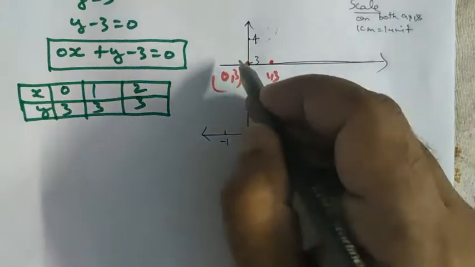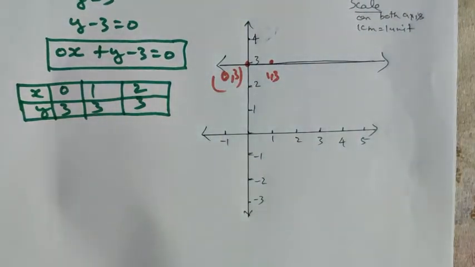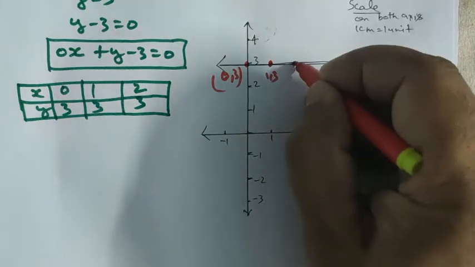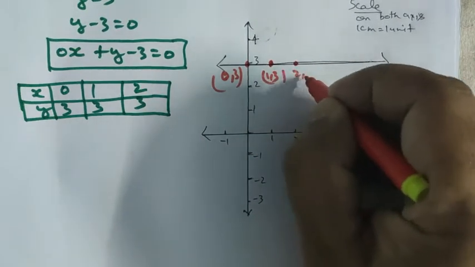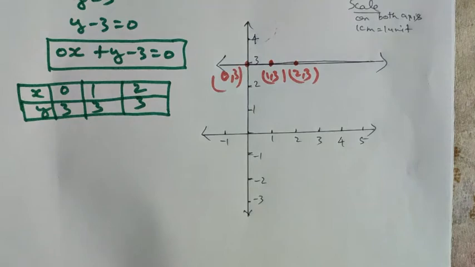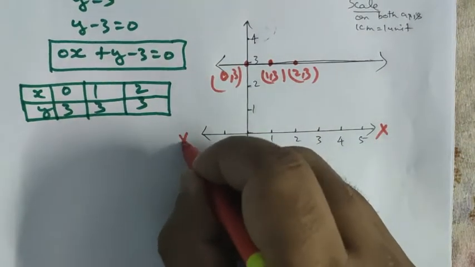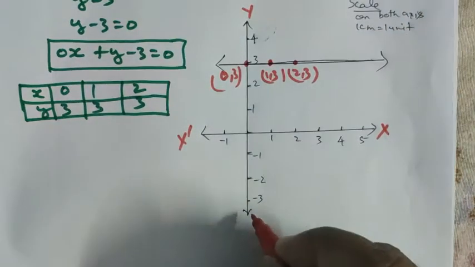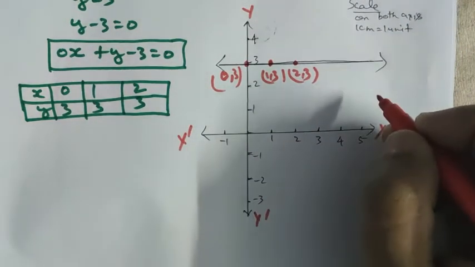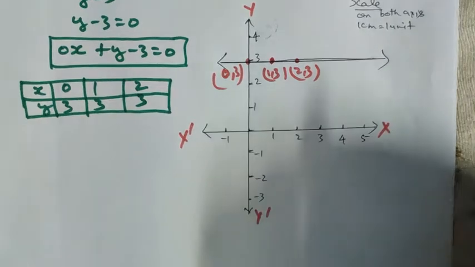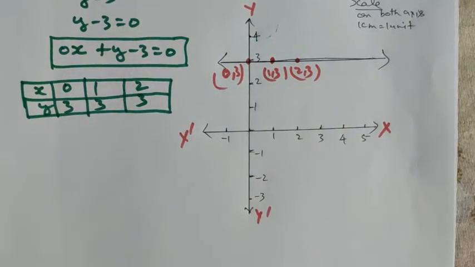Like this you can plot the line. Here you can clearly see this is x, x dash, this is y, y dash. So the line is parallel to the x-axis. I have told you earlier in the explanation that y equals 3 will be a straight line parallel to the x-axis.